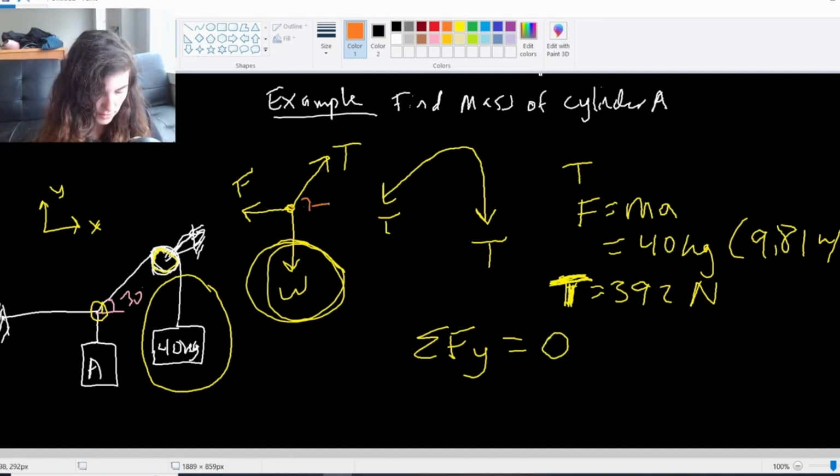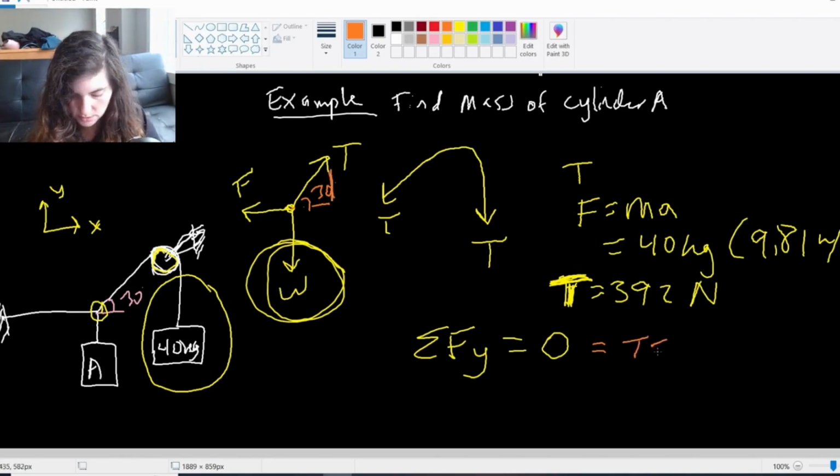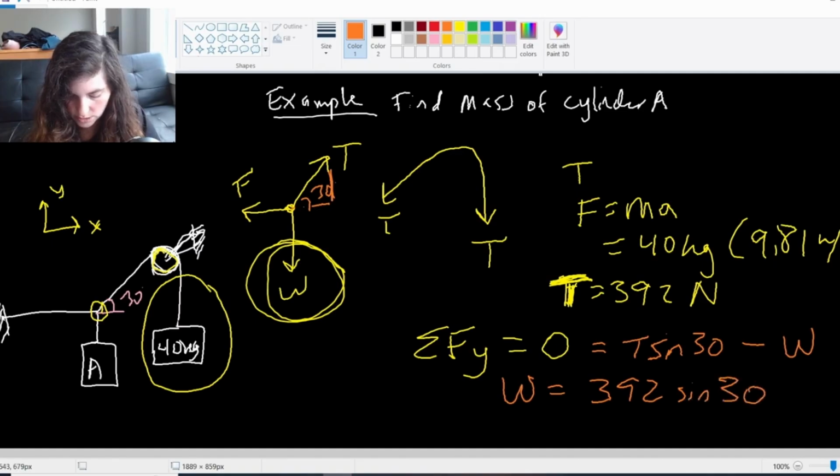this is 30 degrees. The sum of forces in the Y direction equals 0, which is going to be T times sine of 30 minus W. And so what I'm going to end up with is W equals 392 sine of 30.